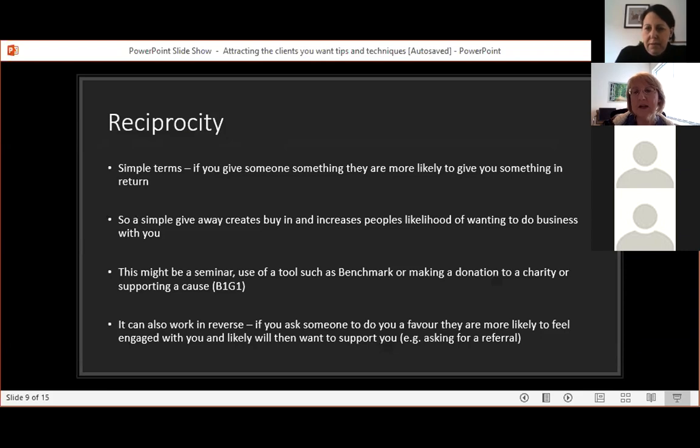And it doesn't always have to be big things, but sometimes it has to be visible. Sometimes we don't make some of this stuff that we do visible. You want to do things for somebody, but it's no good doing something for free if they don't see that you've done it. That's true, you don't get the reciprocity connection. So it's a combination. You should be doing things, but you should make them visible.